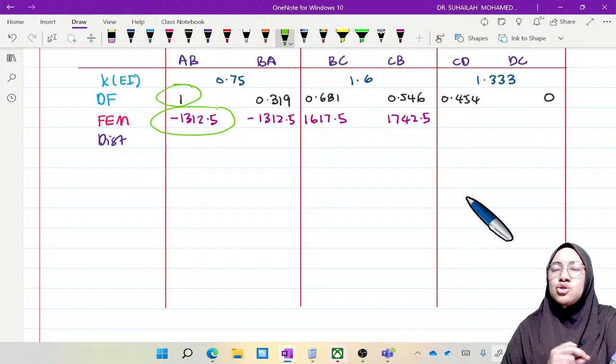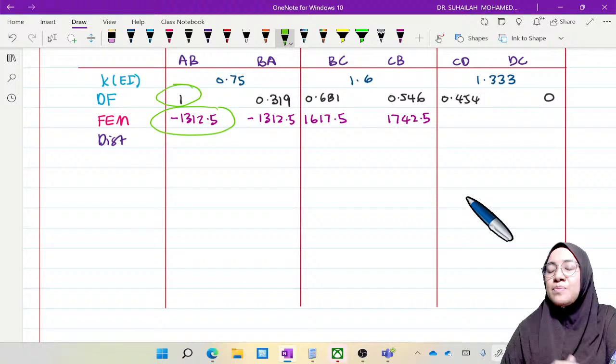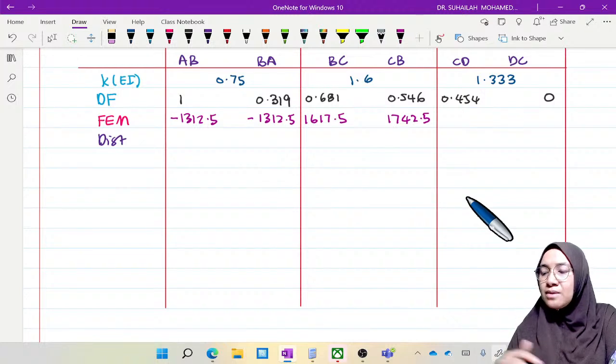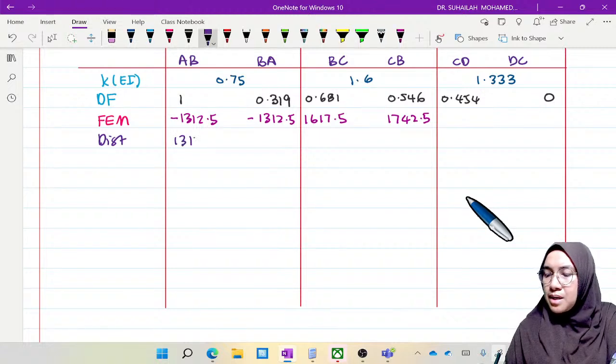So the moment that we distribute is not negative 1312.5 but positive 1312.5. Times 1, we get positive 1312.5.